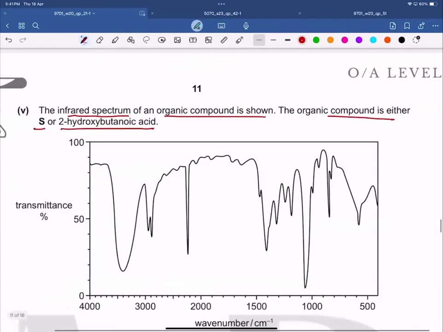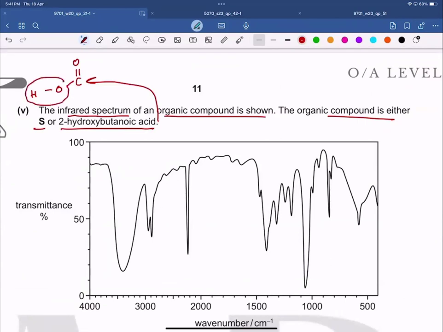If you recall, 2-hydroxybutanoic acid is a carboxylic acid. OH of which substance, OH of alcohol or OH of carboxylic acid? Both have an OH.